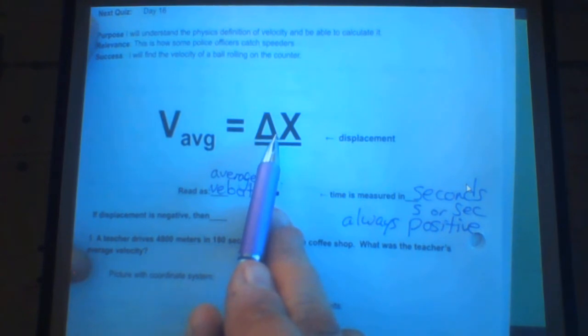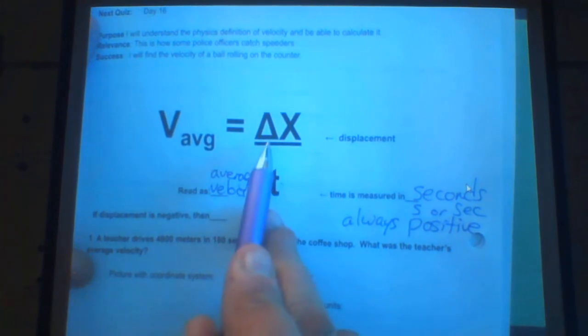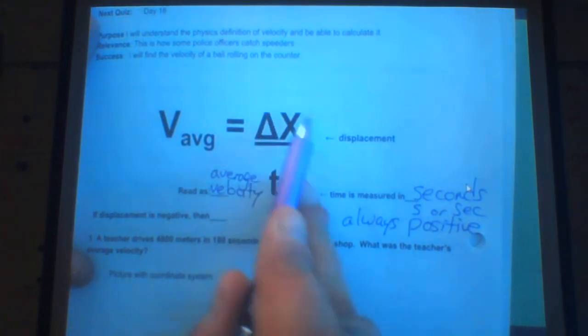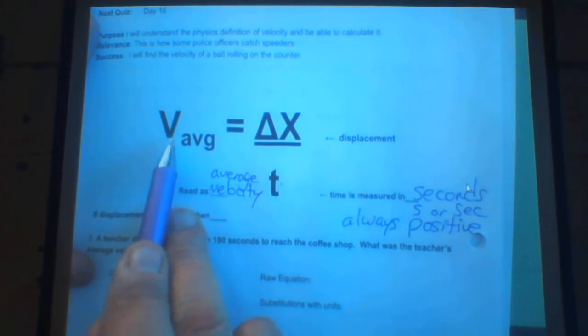It is positive if it's moving to the right, or it's positive when it's moving up. But whatever that is, positive or negative, it's being divided by a positive. So that means that whatever sign the displacement is, the average velocity will have the same sign. So if it's moving to the left, we're going to get a negative average velocity. If it's moving down, it's a negative average velocity.